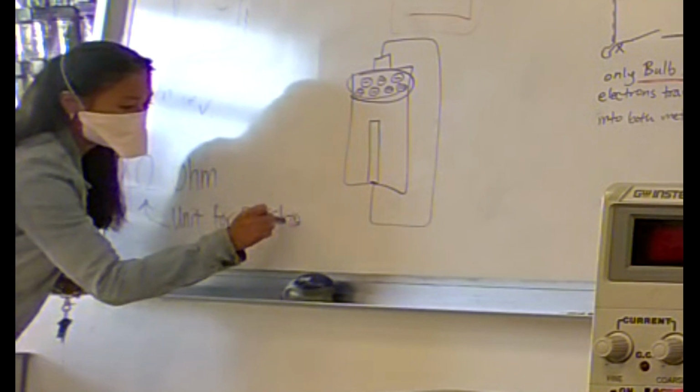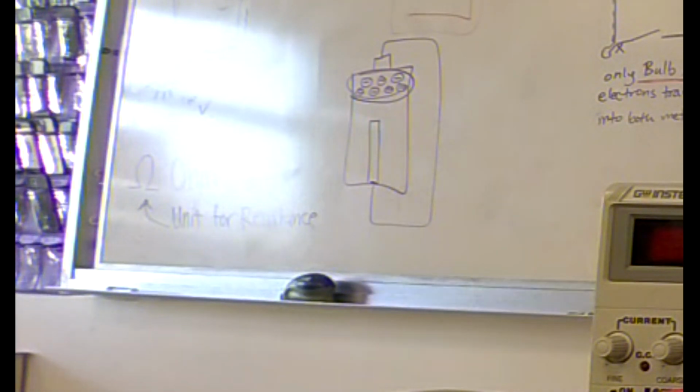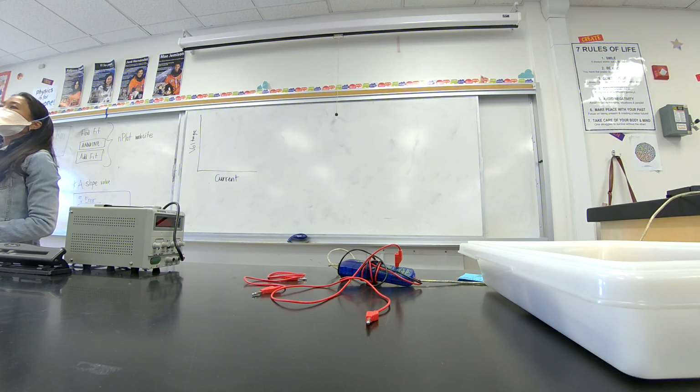You're going to need to recognize this when you get to your lab today. So, ohm is a capital omega, which is your unit for resistance. That is number 6. Okay, you're going to need to know this for your concept builder tonight.